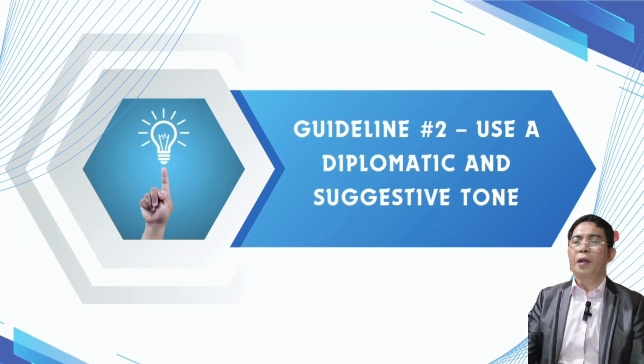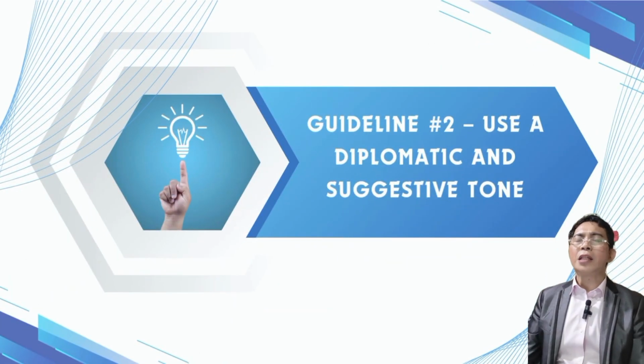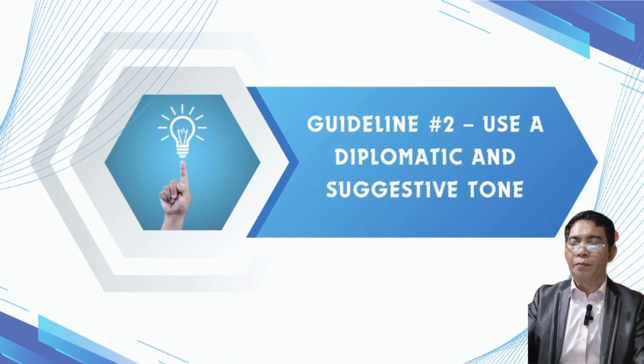For your guideline number 2, use a diplomatic and suggestive tone. Write recommendations using diplomatic or suggestive language. Use words such as may, can be, consider, or it is suggested that.